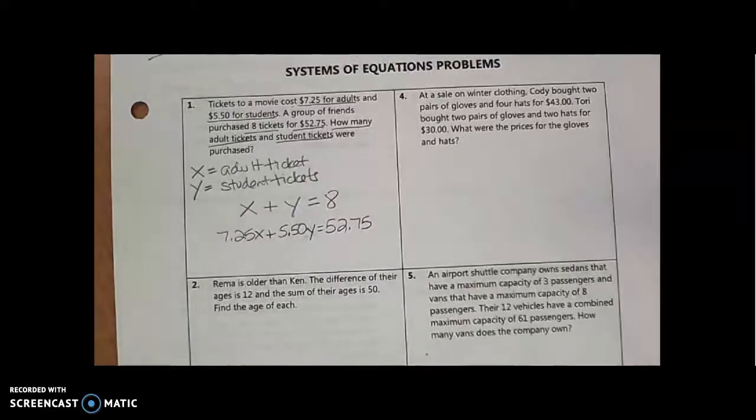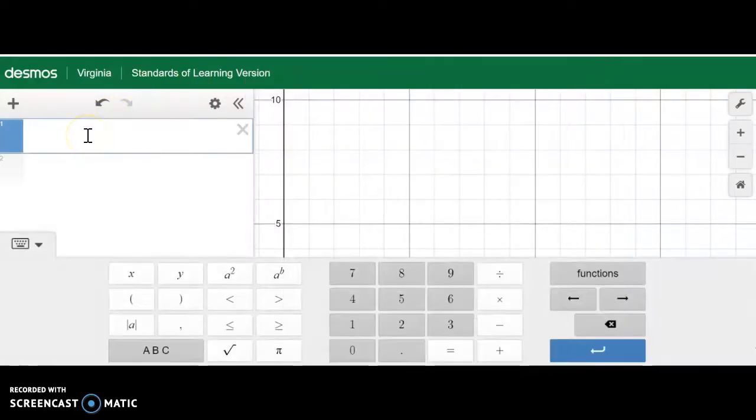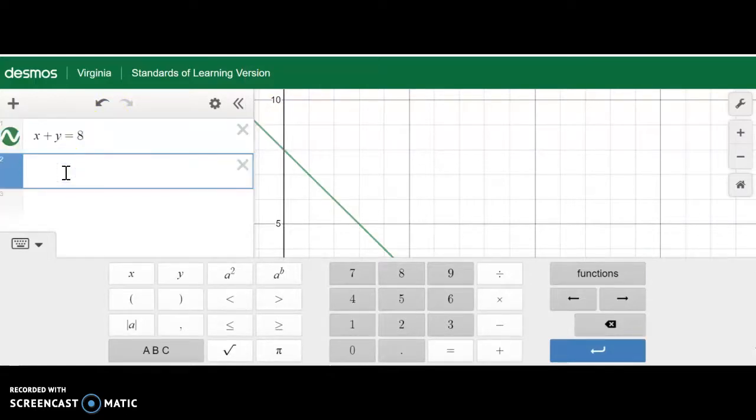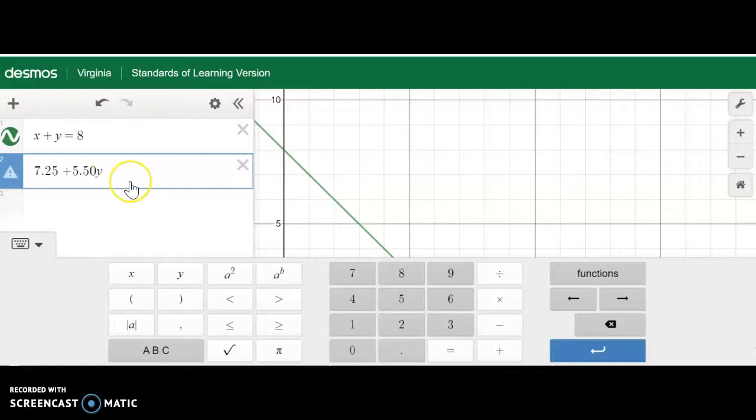So, if I go to Desmos, I type this in: X plus Y equals 8, and 7.25x plus 5.50y equals 52.75.